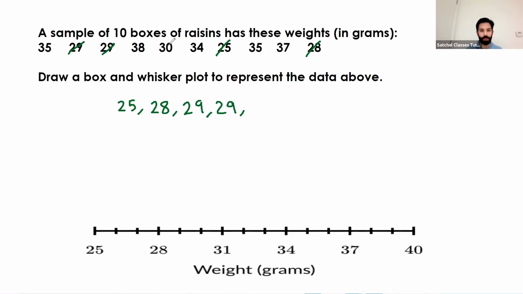The next smallest value is going to be 30. The next smallest value is going to be 34. And then we have 2 35s. And then we have 37 and 38.